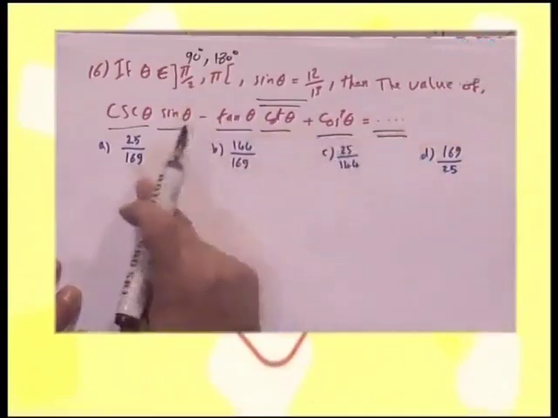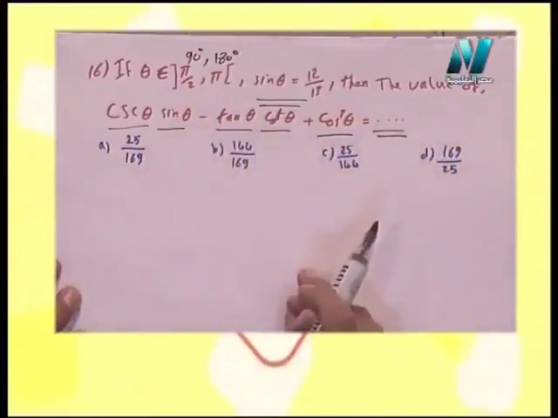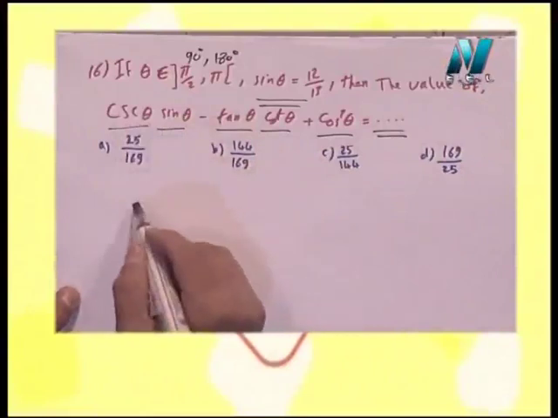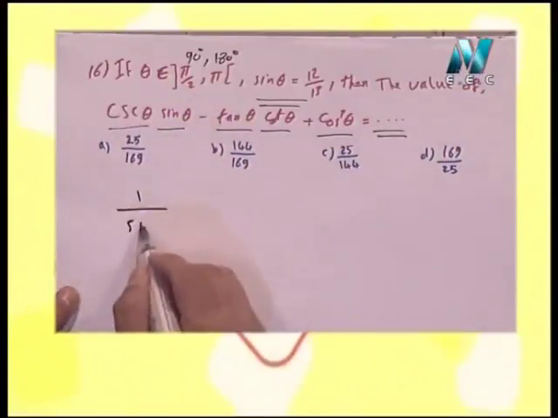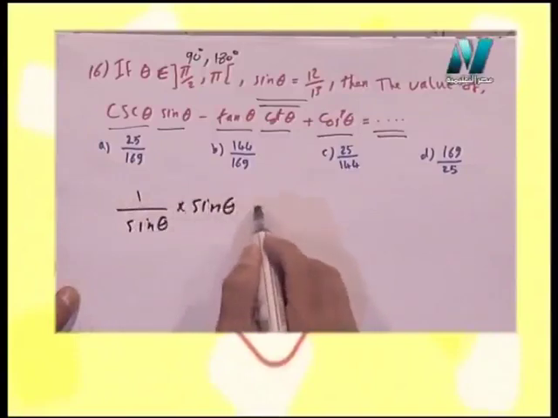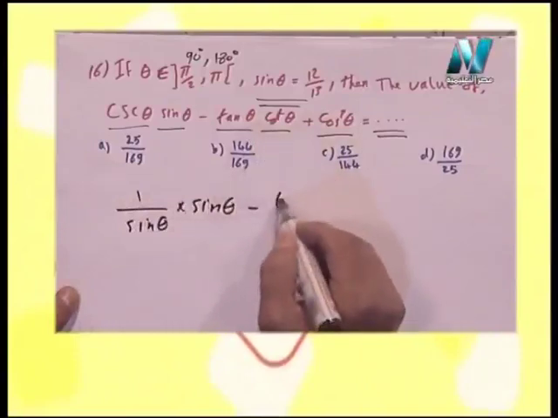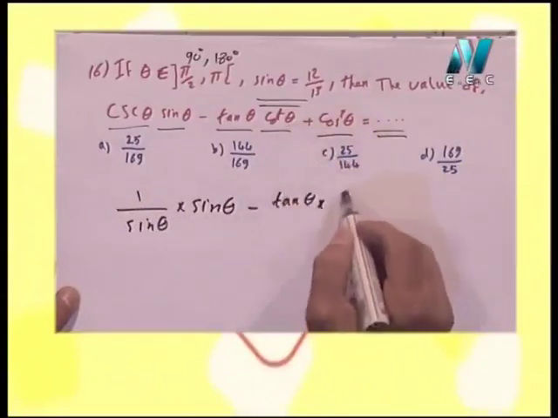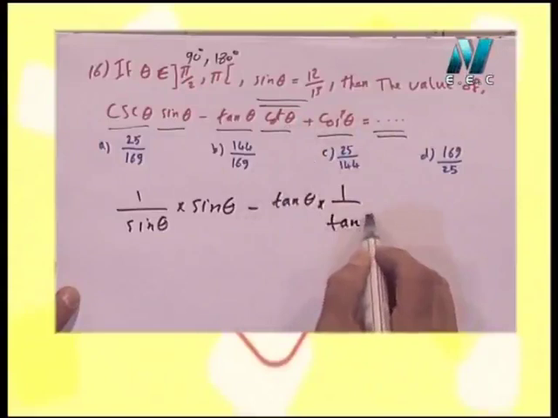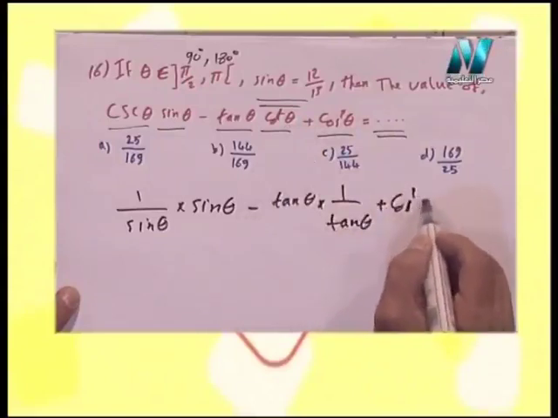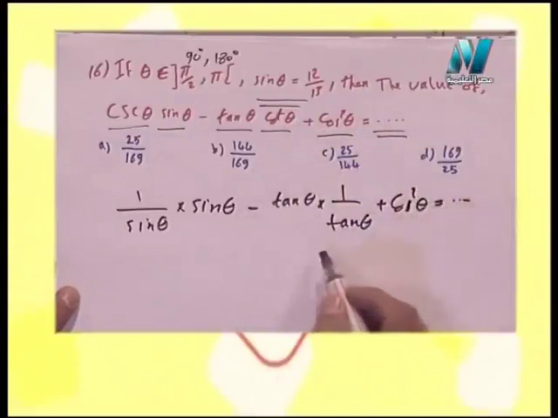Which of these four results? If we have cosec here, cosec means 1 over sine theta multiplied by sine theta, minus tan theta multiplied by cotan, which means 1 over tan theta, plus cosine power 2 theta here equals space.